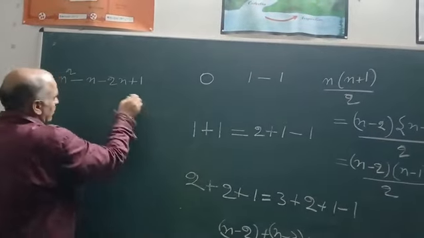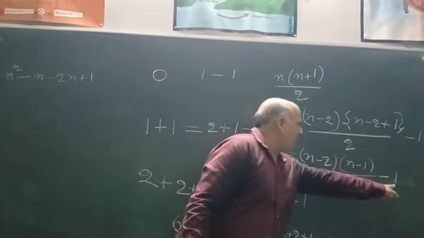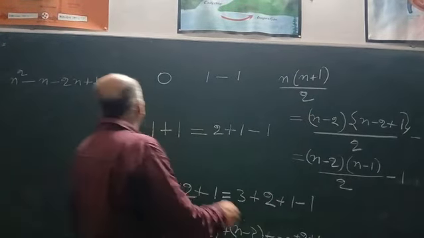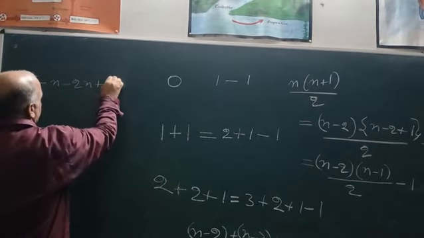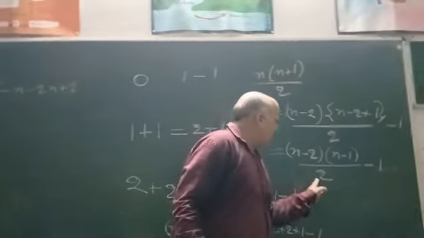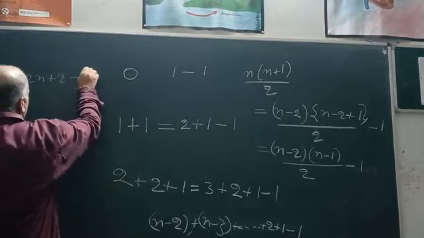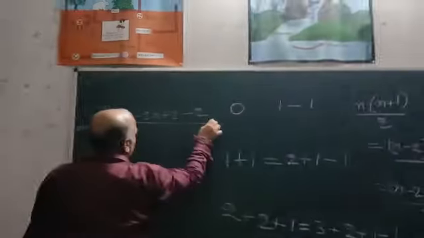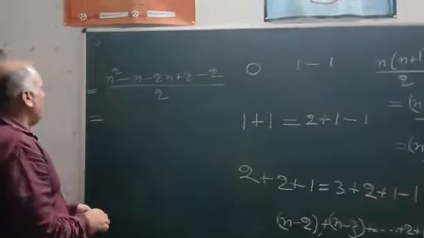Now just multiply the 2 by minus 1 to solve this expression, and you'll get minus 2 whole upon 2. Now solve this.